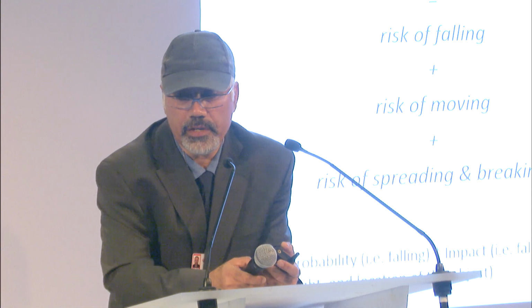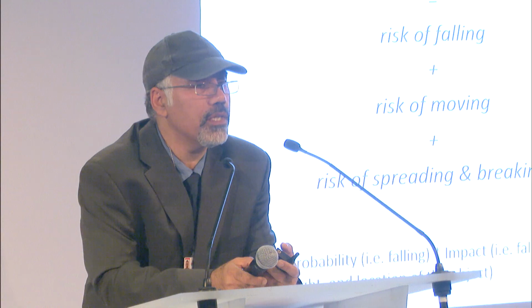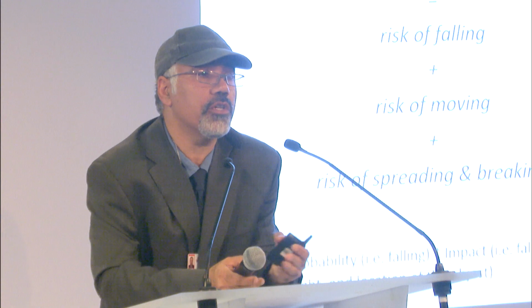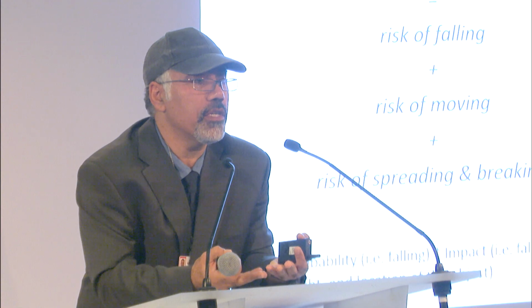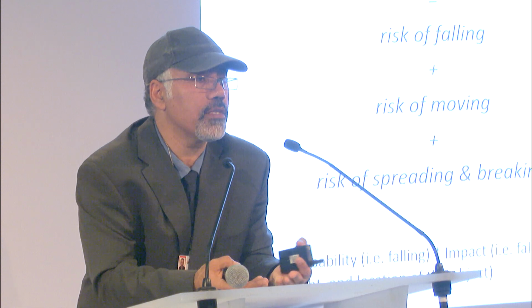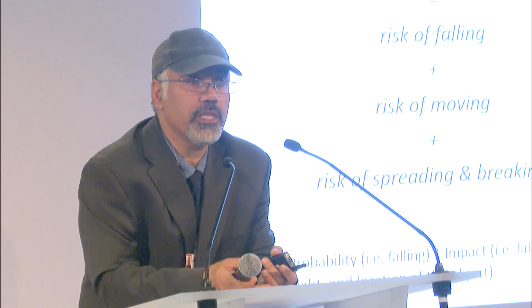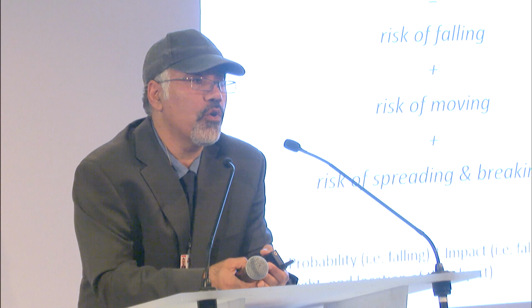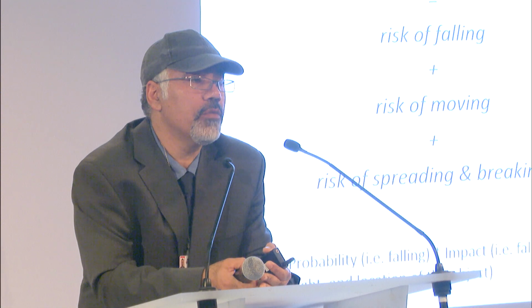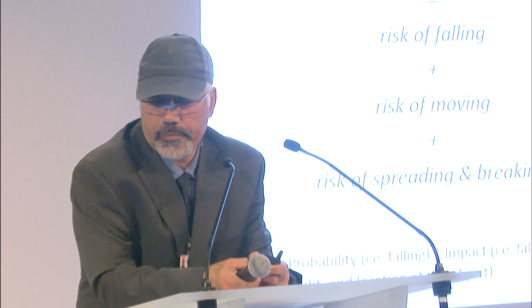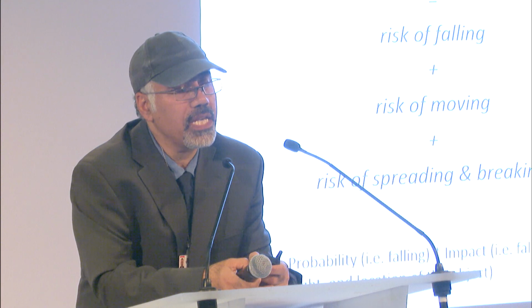Basically, the risk of each detected object is calculated based on the risk of falling, if an object in the room has the potential to fall, and the risk of moving, if an object has the potential to move during the earthquake based on its weight, structure, type, and shape. And finally, the risk of spreading and breaking, if it is, for example, made of glass, or contains materials that could spread.